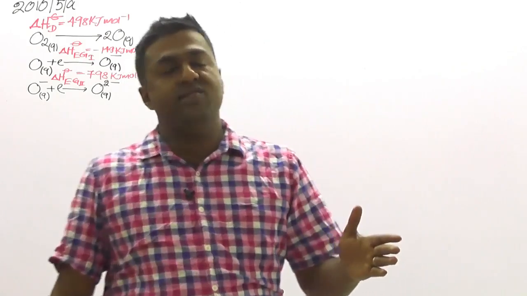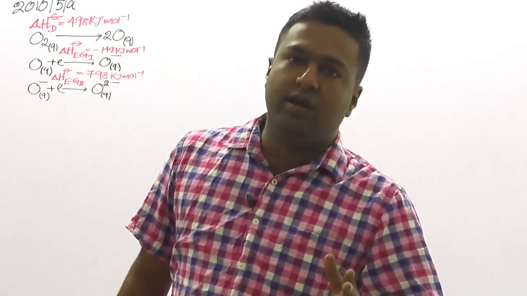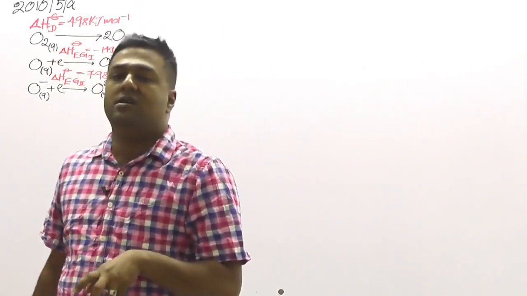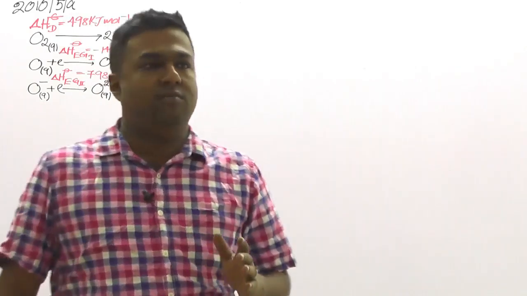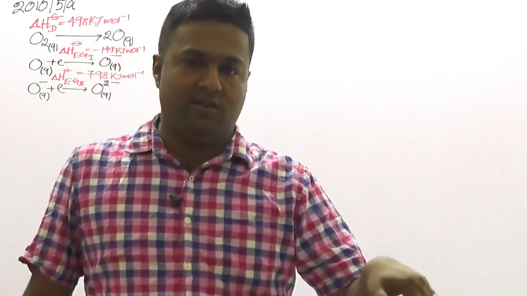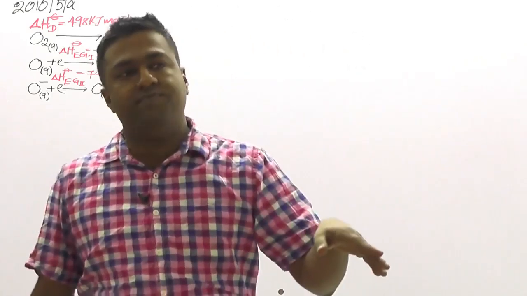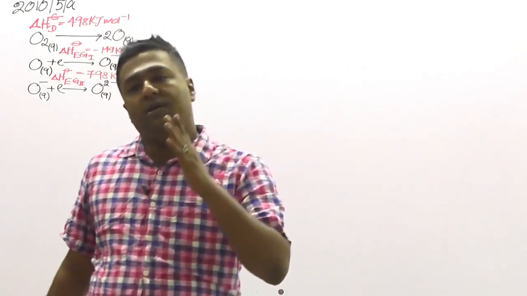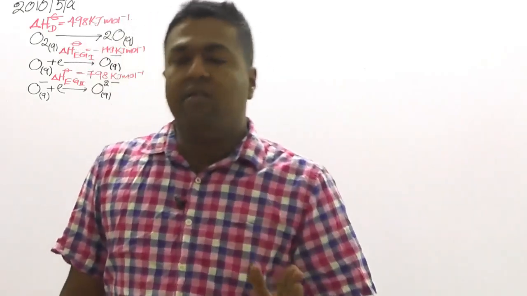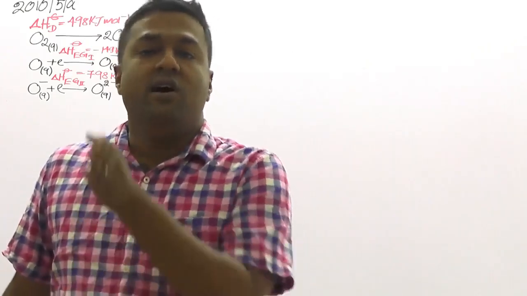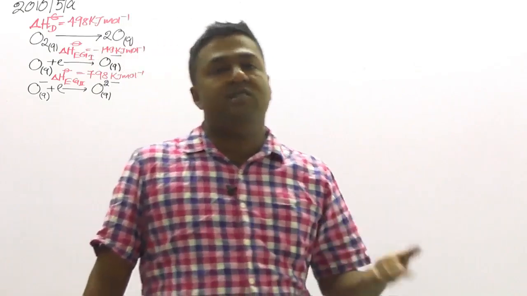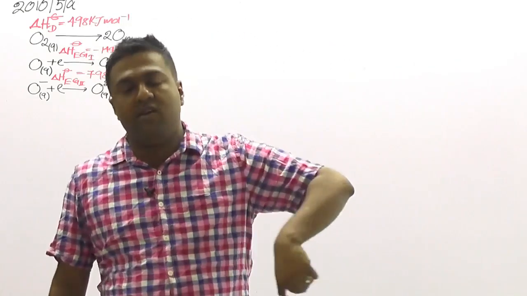In the old syllabus, lattice enthalpy is a negative value, but in the new syllabus it is a positive value, because they have reversed the definition. The second one is electron affinity. Again, they have reversed the definition for electron affinity.